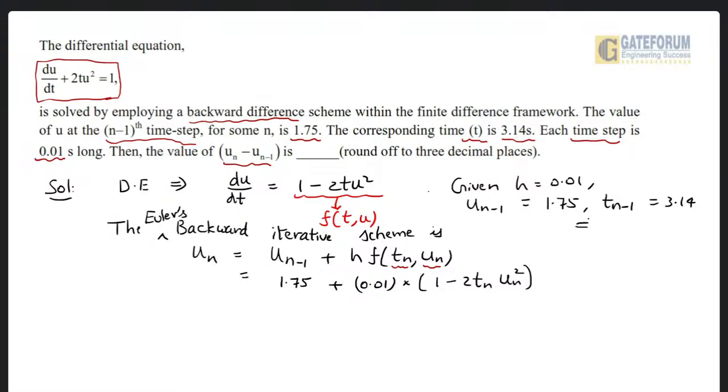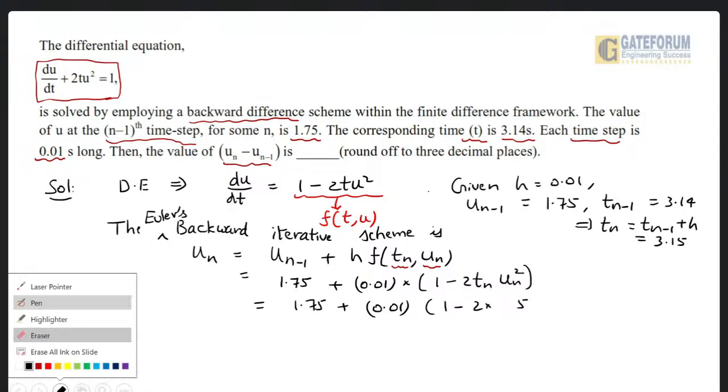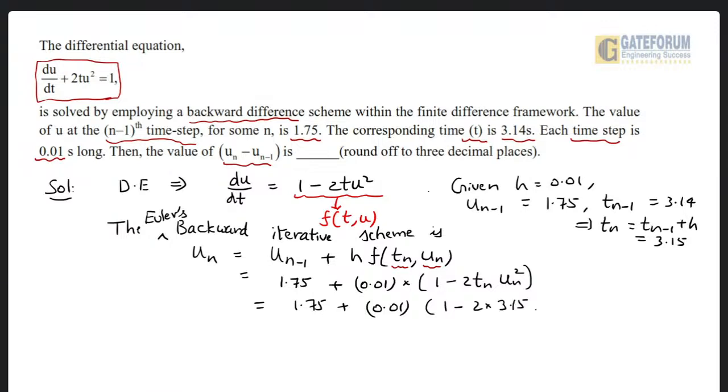Automatically, what is the tn formula? We know x naught, x1 is equal to x naught plus h, xn is equal to xn minus 1 plus h. So tn minus 1 plus h becomes 3.15. So now this is equal to 1.75 plus 0.01 multiplied by 1 minus 2 into, sorry, 3.15 un square. Now this is un.